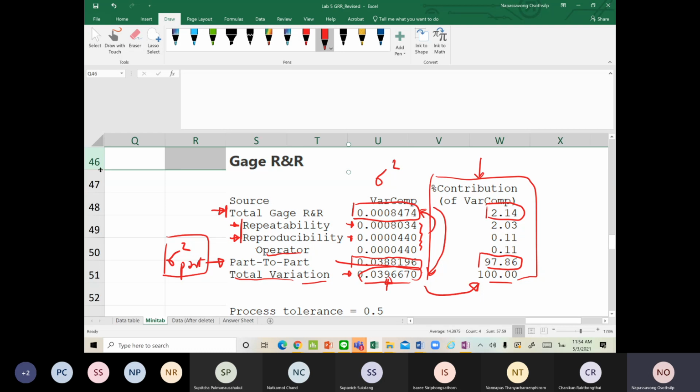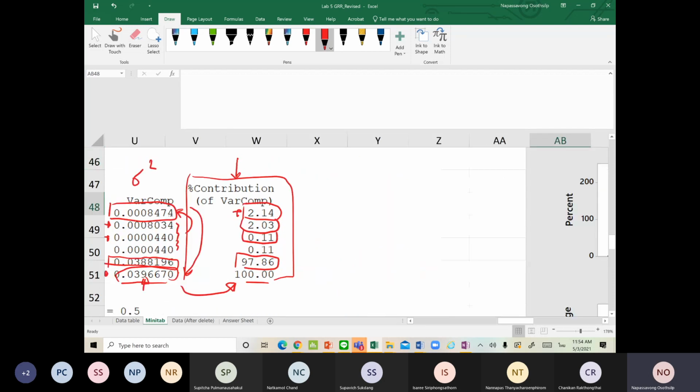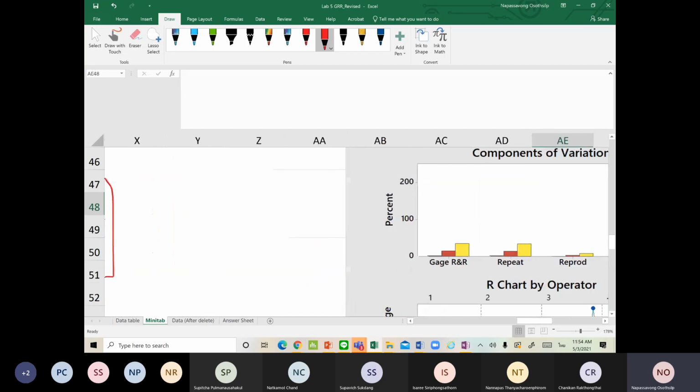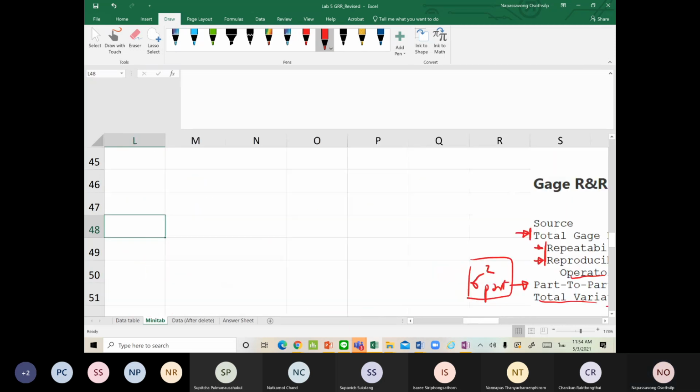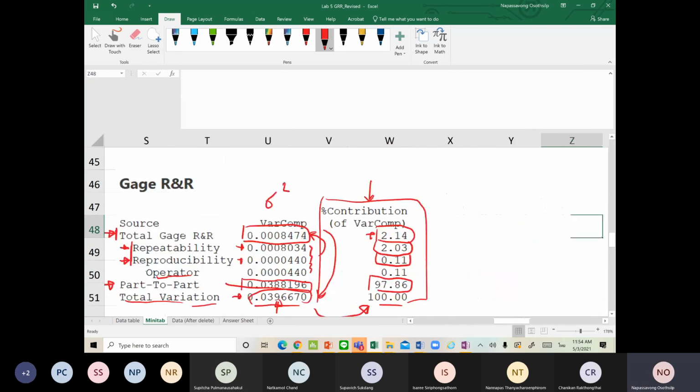The total gauge variance is mainly from repeatability, and it is very small for reproducibility. This number corresponds to what you have seen here: 97 something percent, and this number is 2.14 percent.